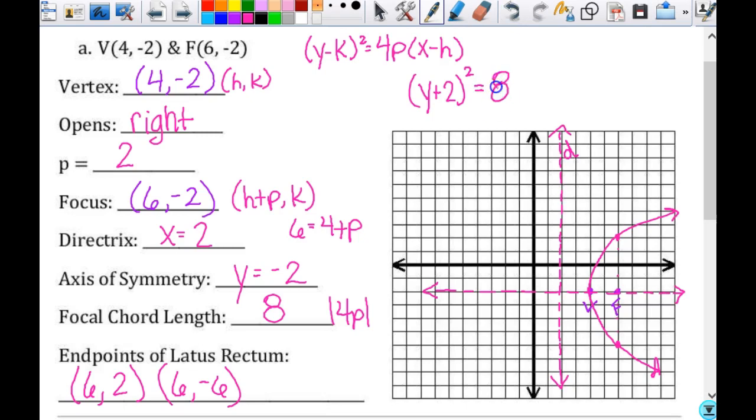Equals 8 times x minus h, which is 4. So here's my equation, and there's all my other stuff. We all good? Any questions? All right.